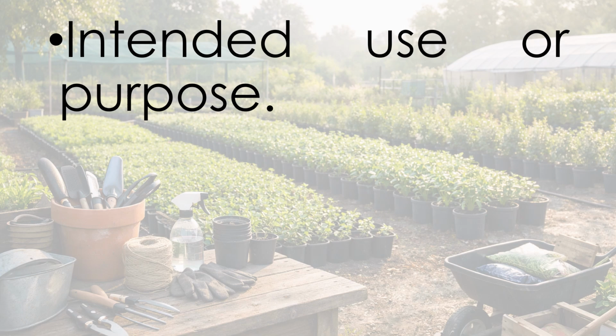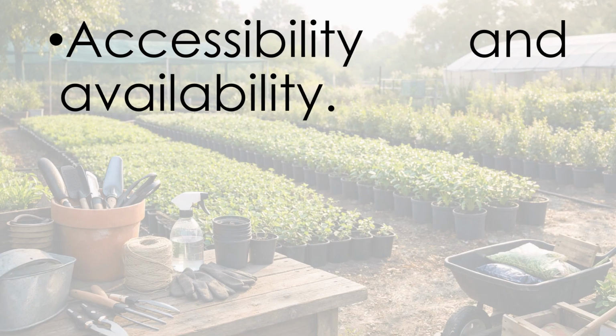Intended use or purpose. Materials should fit the goal, like food, ornamental, timber, or medicinal. Example, grafted mangoes are chosen for fruit production, while mahogany seedlings are for timber. Next is accessibility and availability. Materials should be easy to obtain when needed.